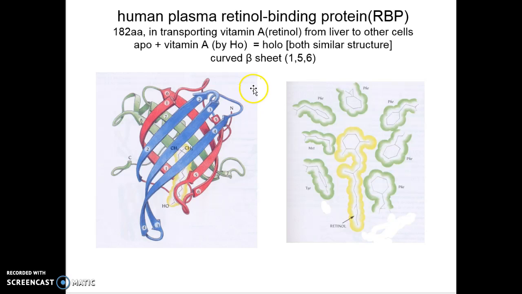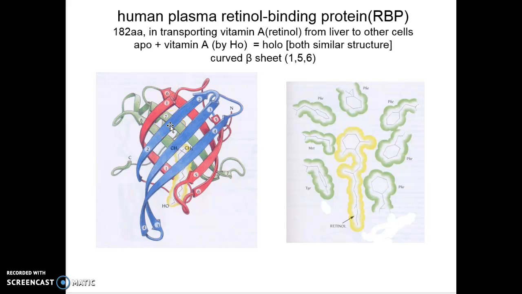This is another protein example called human plasma retinol binding protein, RBP. It carries vitamin A, retinol, from the liver, where it is synthesized, to the other cells where it is consumed.